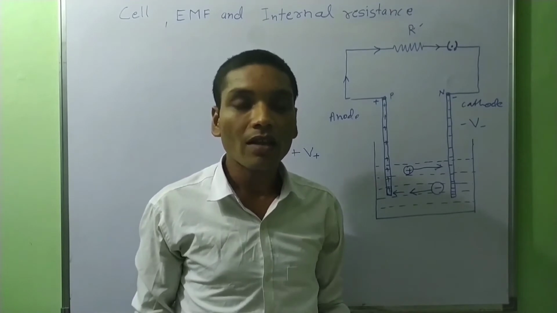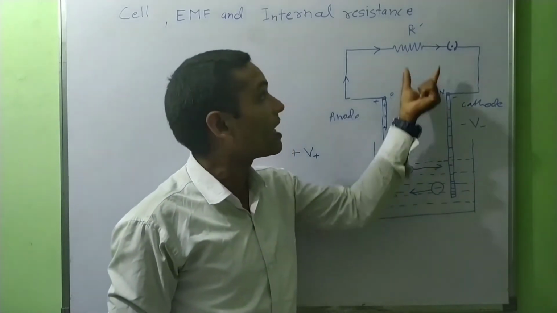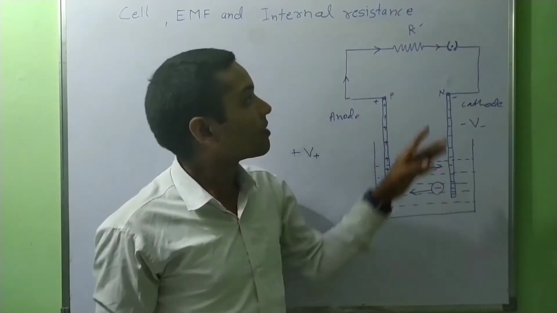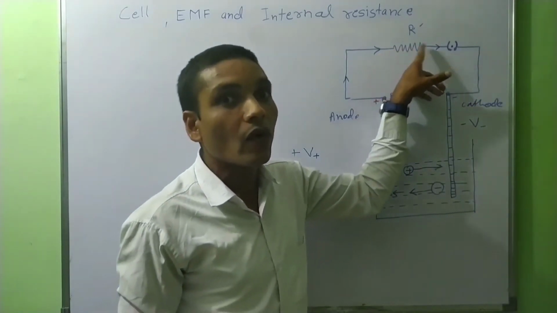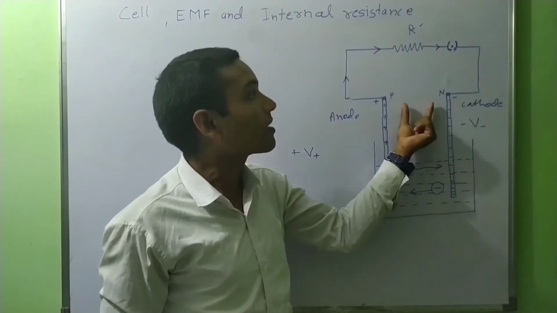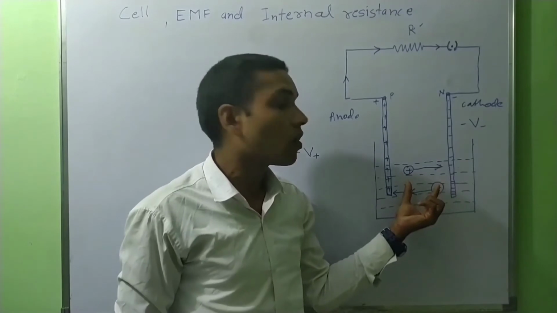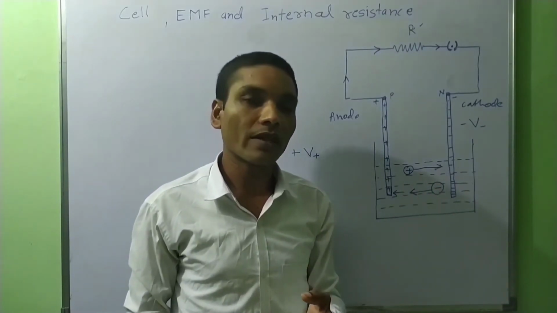Electromotive force is the potential difference between the two electrodes when the circuit is open, and when the circuit is closed, the current will be flowing through the external circuit. In this condition, the potential difference between the two electrodes of the cell is called the terminal potential.